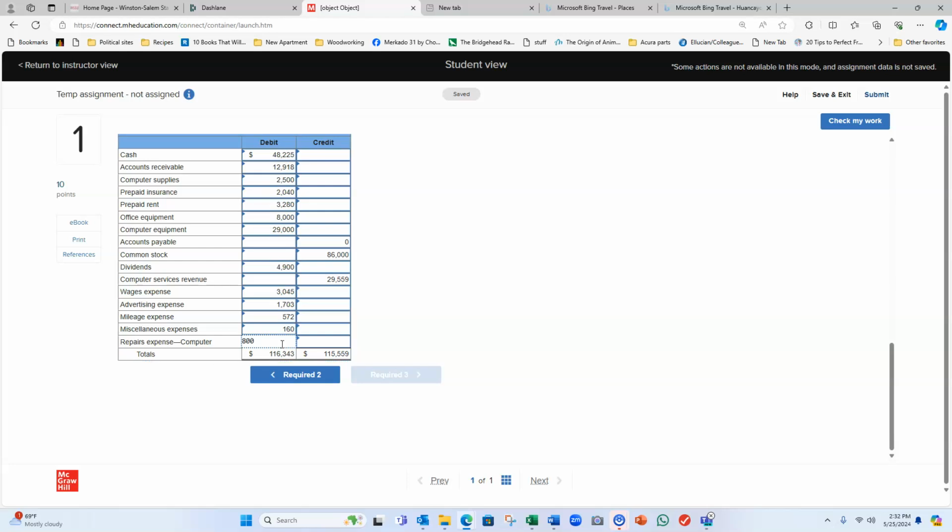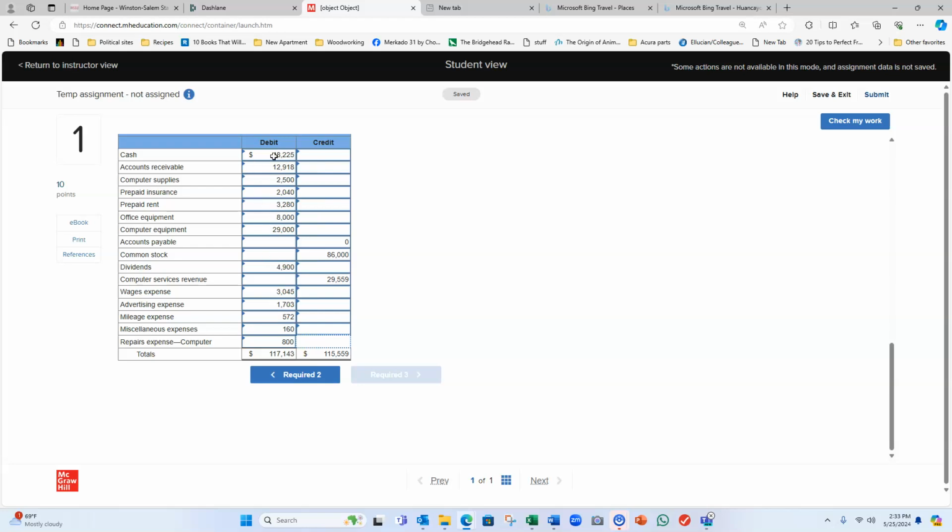And here's how we know if we were right. We are wrong somewhere because these do not balance. So what I'm going to do is see what the difference is. And it's 1,584. 1,584 difference.